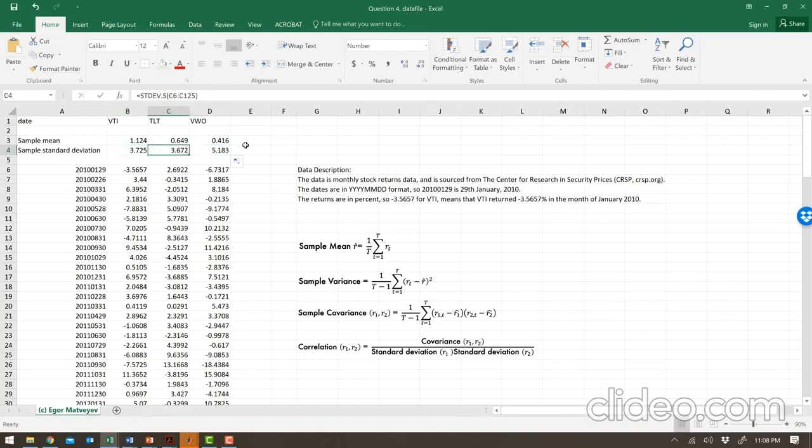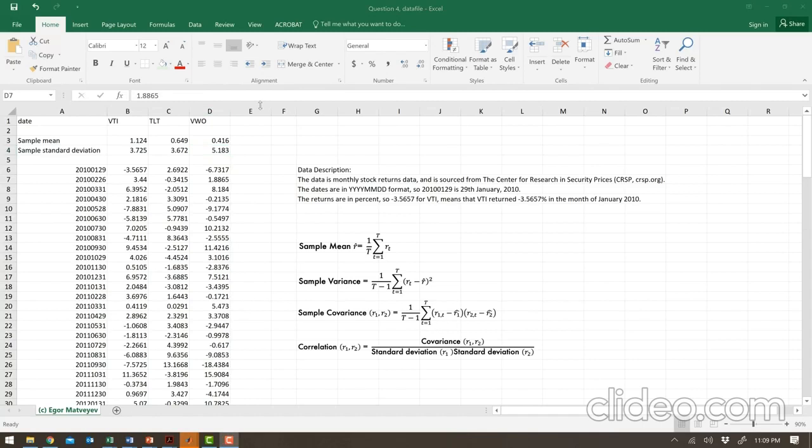Very interestingly, you could see that the sample standard deviation for the long bond ETF is almost the same as for the stock market in the United States. So the returns on long bond are quite volatile. And again, you can also see that the standard deviation on the returns on the emerging market is actually quite a bit higher than the standard deviation of returns in the United States.